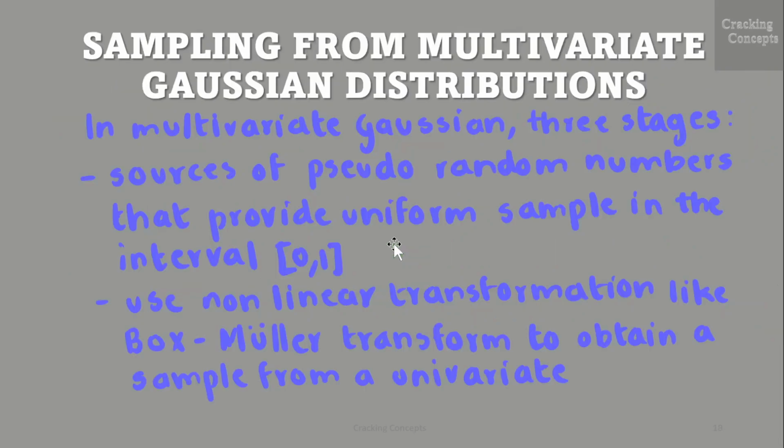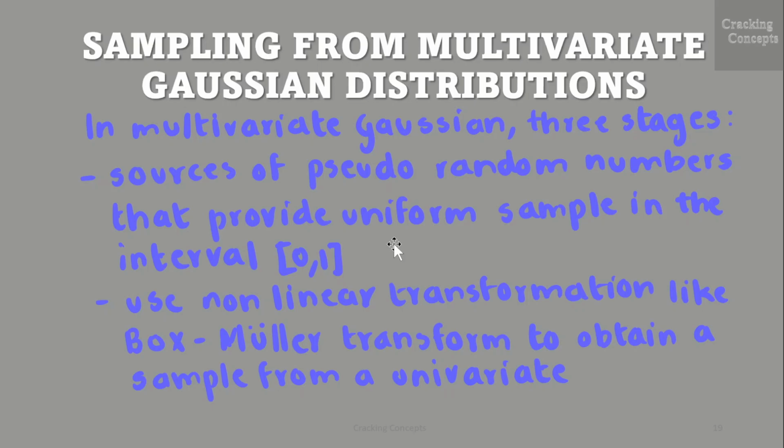Now we look into sampling from multivariate Gaussian distributions. In case of a multivariate Gaussian, the process will consist of 3 stages. The first is we need a source of pseudo-random numbers that provide a uniform sample in the interval 0, 1.